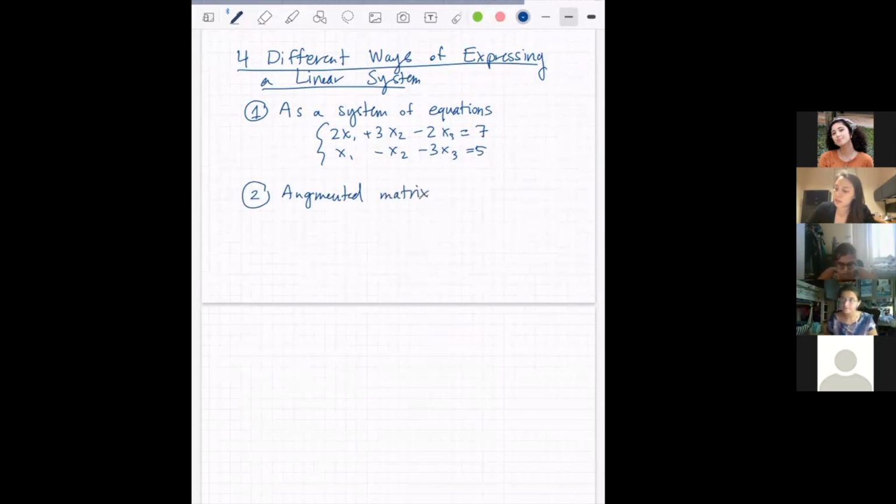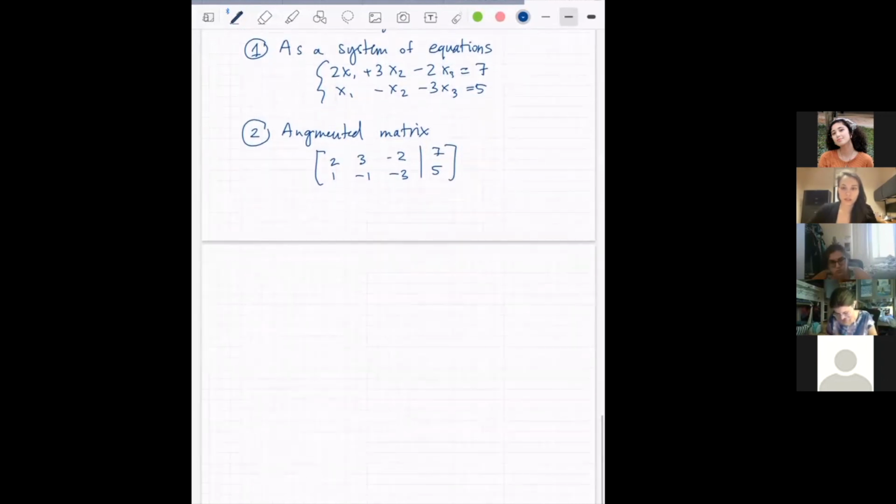So in this case, we would get the following matrix like that. We just take the coefficients and we add the constants at the end, right?